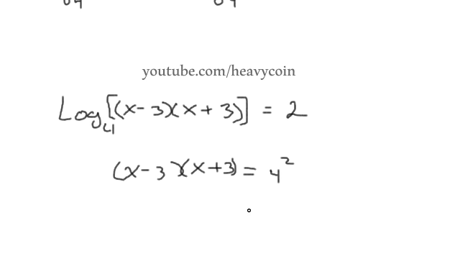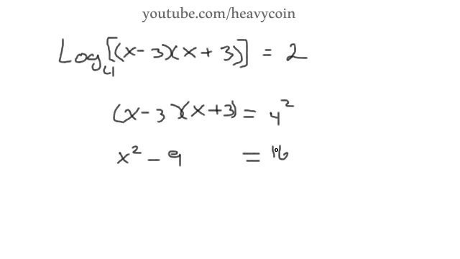And then what I'm going to do is go ahead and say, okay, let's just make that 16, multiply this out, so we have x squared. Since we have a minus and a plus, this just becomes x squared minus 9. Alright, I'll let you multiply that out and show that it's x squared minus 9. Alright, and then I'm going to take this 16 over.